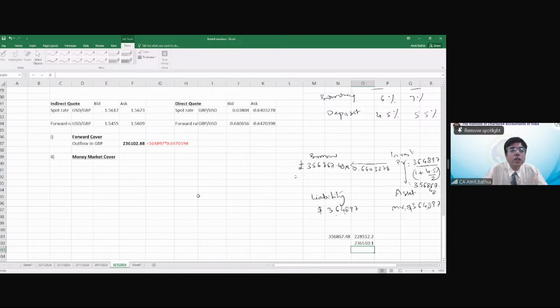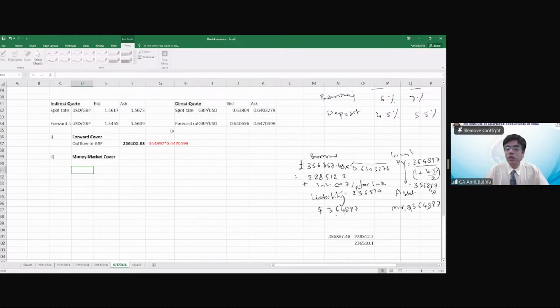So I'll get over here 228,512.2 plus interest at the rate of 7% per annum for 6 months. So total comes to 236,510. Now let's put this over here. Okay.